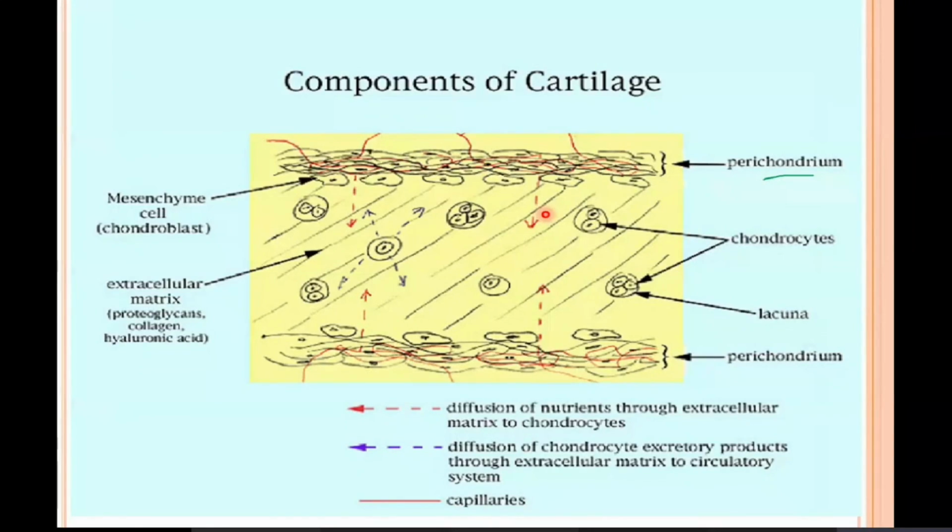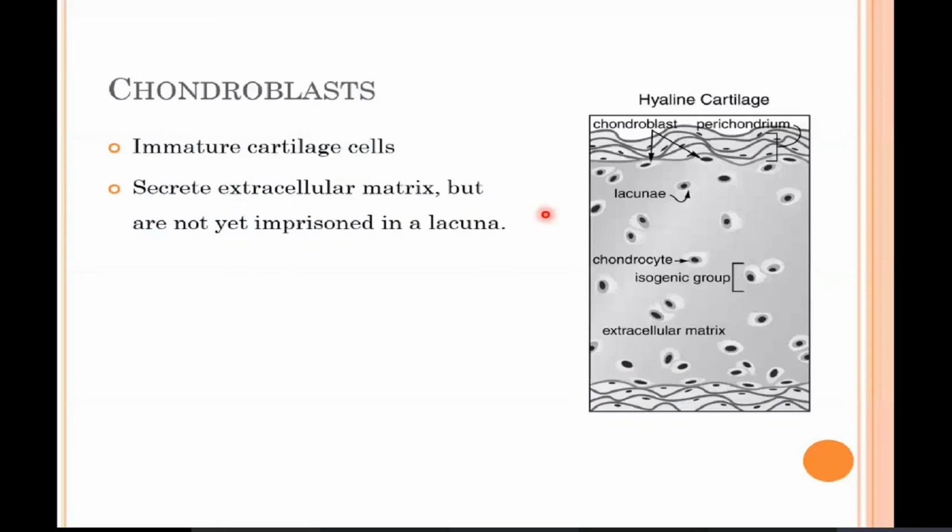Just to recap, we will explain the functions of the different components. Chondroblasts are the immature cells. They secrete extracellular matrix but are not yet imprisoned within the lacuna. They are always present along the peripheral ends or near the perichondrium, right? And once they get embedded within the ground substance, they are called chondrocytes.